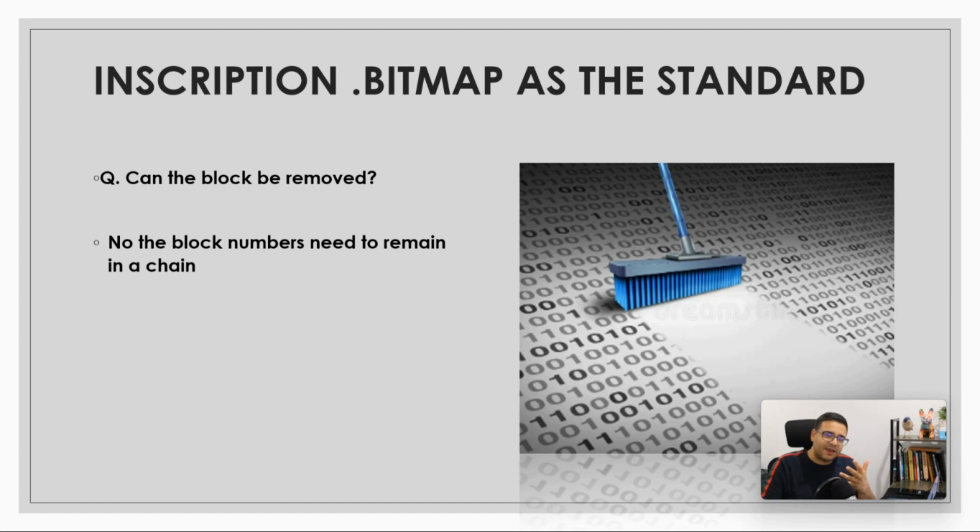So the risk there, again, could you inscribe .bitmap on a block and can that block be removed? And could you lose it? From what I can understand and from the research I've done, and obviously following the logic of blockchain, the answer is no. And remember, we are talking about the Bitcoin blockchain.